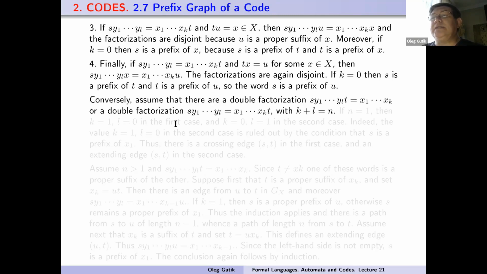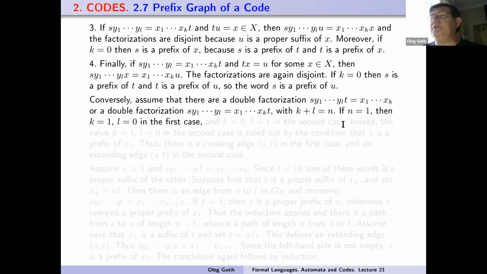Conversely, assume that there exists a double factorization such that the word s y1 so on yl t is equal x1 so on xk, or a double factorization such that the word s y1 so on yl is equal x1 so on xk t with k plus l is equal n.